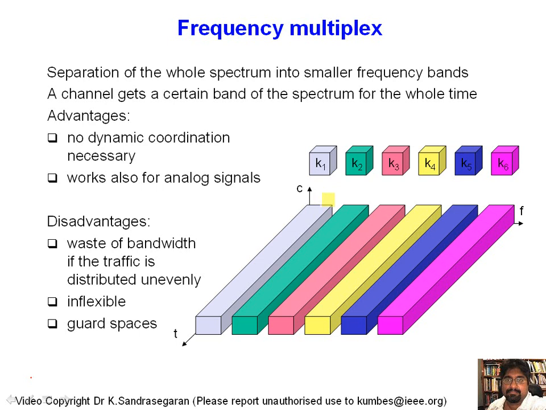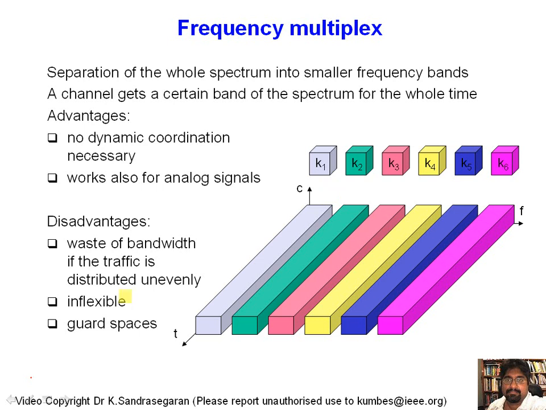And the other aspect is that we could have a situation where user K1 could have a lot of data to transmit, and maybe all of the other users have very little data to transmit. If there was a possibility that K1 could get a larger portion of the spectrum, then that would have been a more efficient utilization of the spectrum that we have.